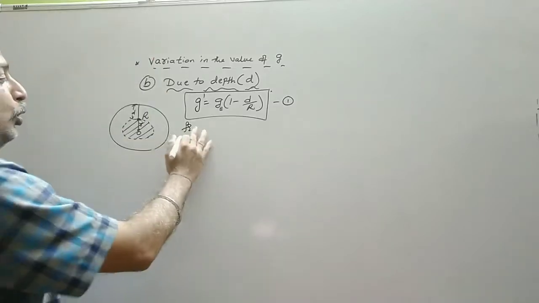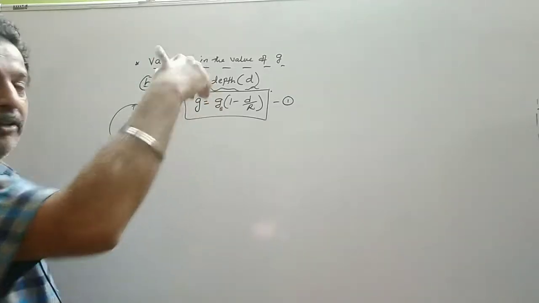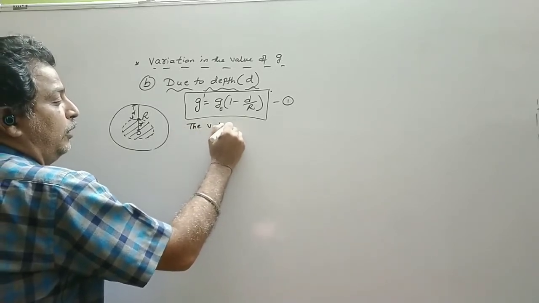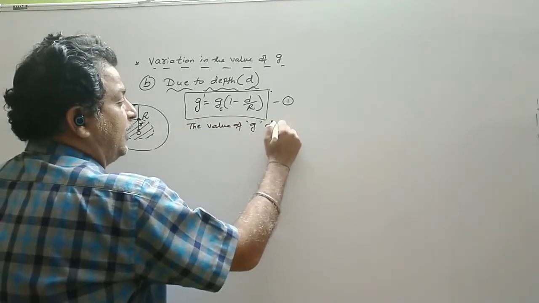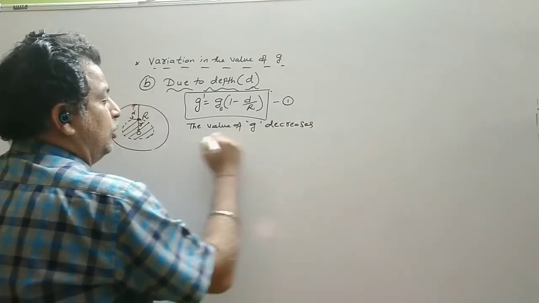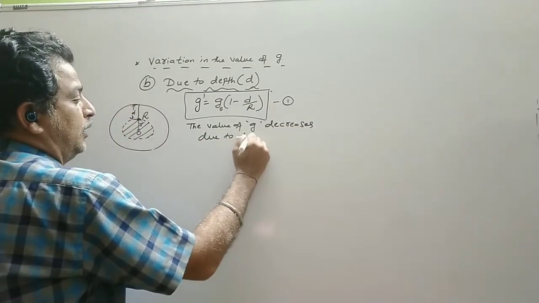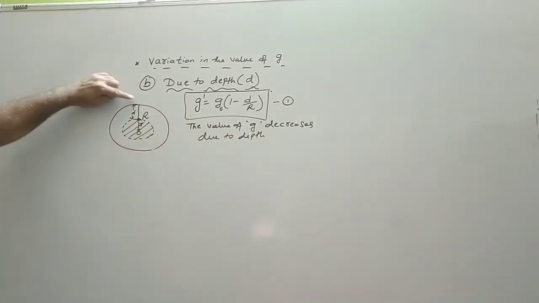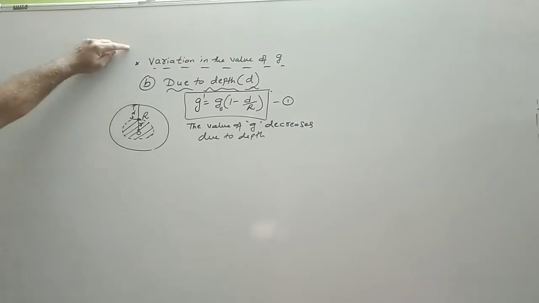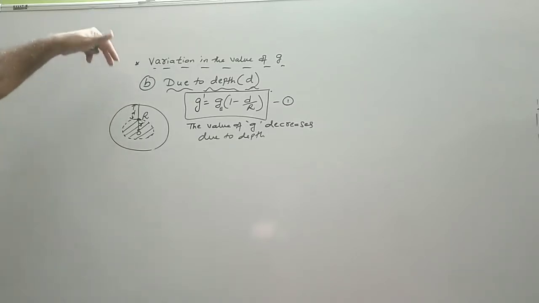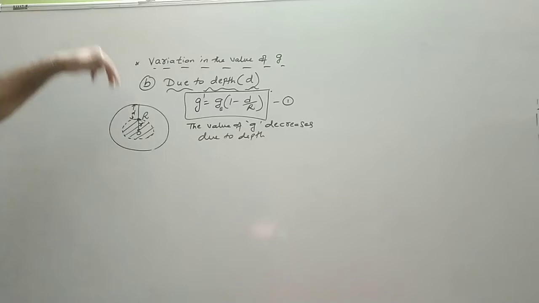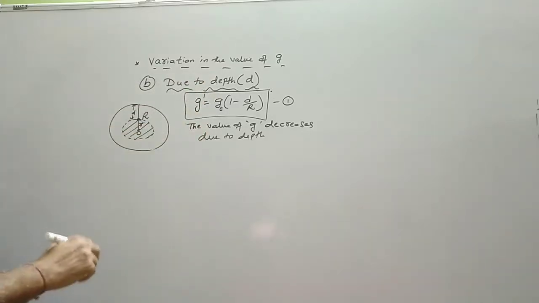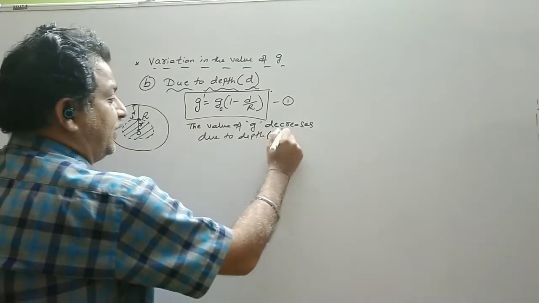So when you go inside the earth, the value of g decreases due to depth. Whether you move up to a height h, the value of g decreases, and even when we go inside the earth, or depth, the value of g decreases. So the value of g decreases due to depth d.